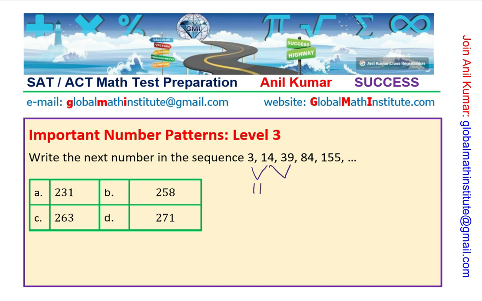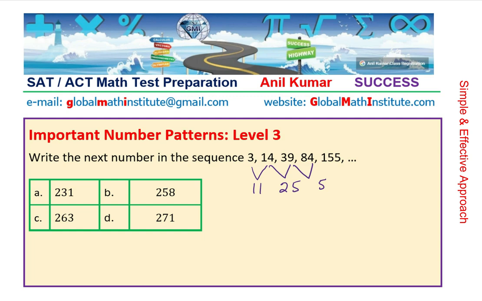From 14 to 39 is 25, from 39 to 84 is 45, and from 84 to 155 is 71.